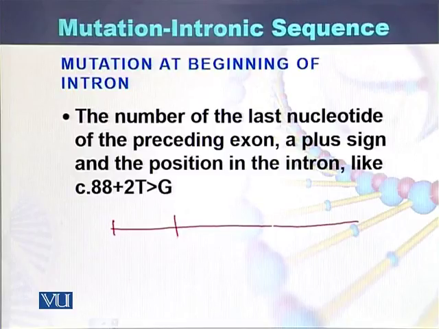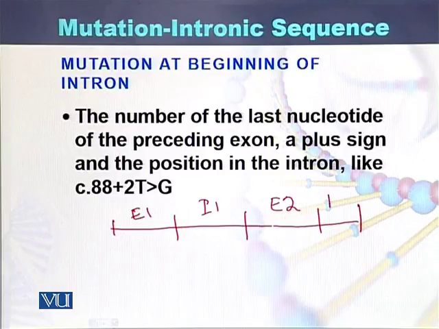This is exon 1, E for exon, then intron 1, then exon 2 and intron 2. If a mutation is present in the intron, then how to write that mutation?